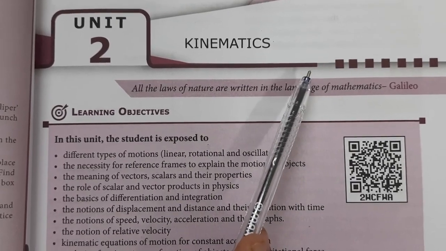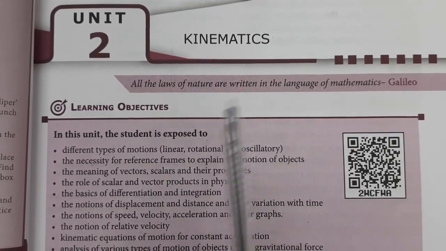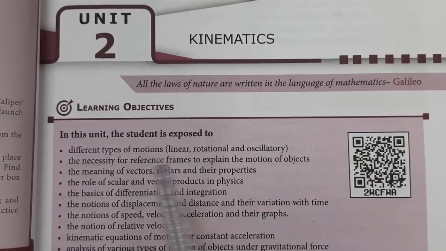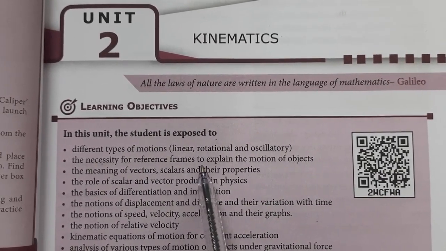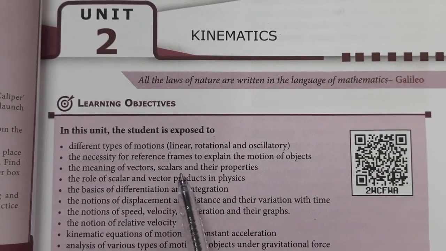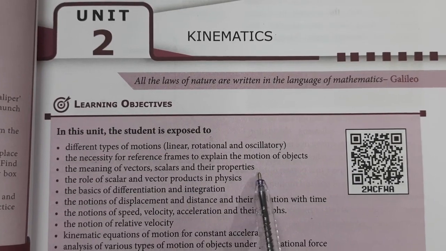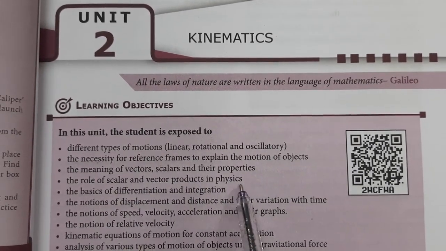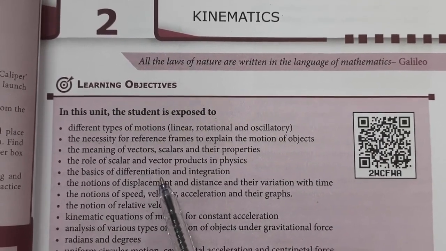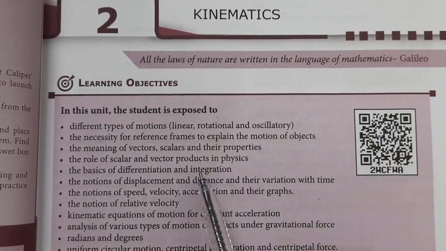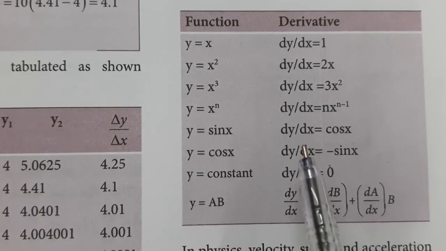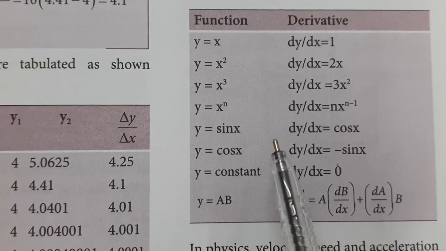In this unit, we have learned the concept of rest and motion, different types of motion: linear, rotational, oscillatory, the necessity for a reference frame to explain the motion of objects, the meaning of vectors, scalars and their products, the role of scalar and vector products in physics, and in the last class we learned some basics of differentiation and integration. I said to learn some of the important formulas in differential calculus and integral calculus.